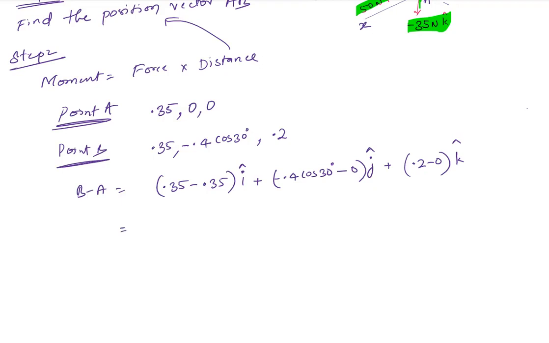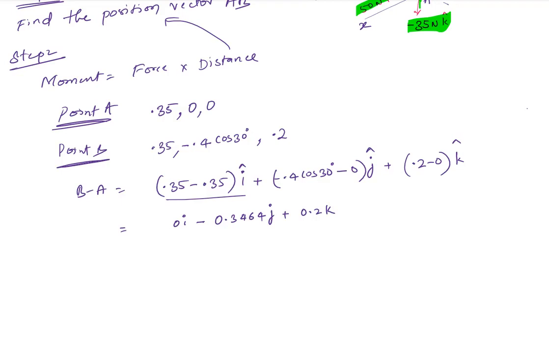So let's evaluate this. This comes to 0i, so you don't have to write this, minus, because there's minus, when you calculate that number, it comes to 0.3464 j plus 0.2 k.